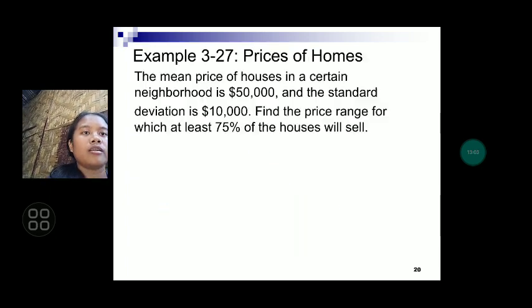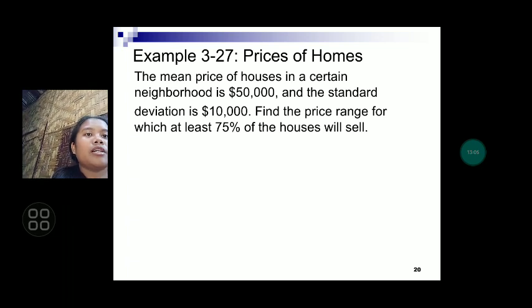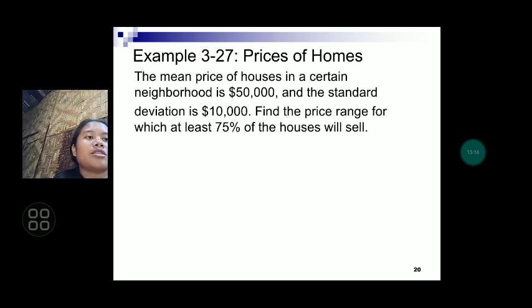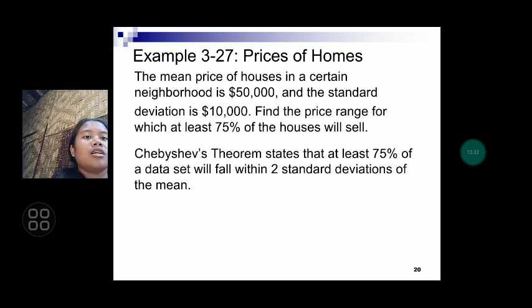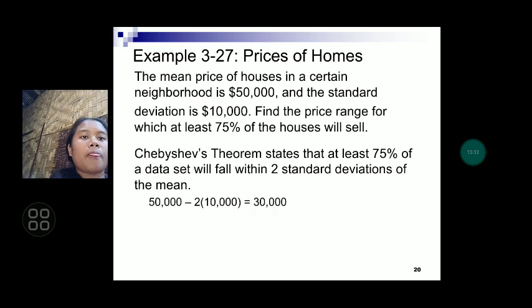Another example: the mean price of houses in a certain neighborhood is $50 and the standard deviation is $10. Find the price range in which at least 75% of the houses will sell. Chebyshev's theorem states that at least 75% of the data will fall within 2 standard deviations of the mean.